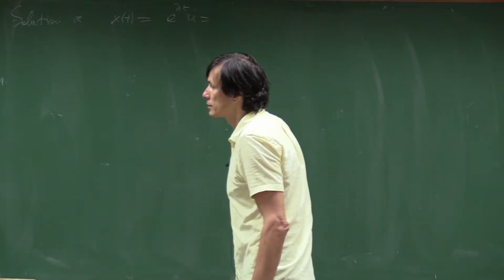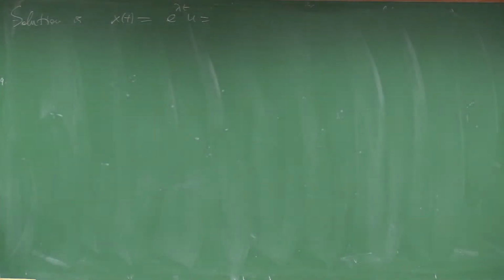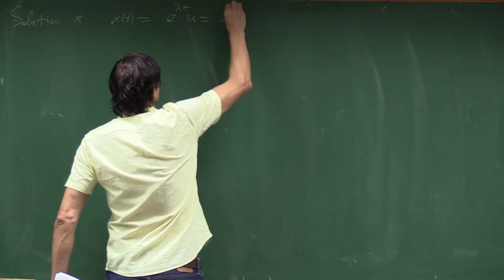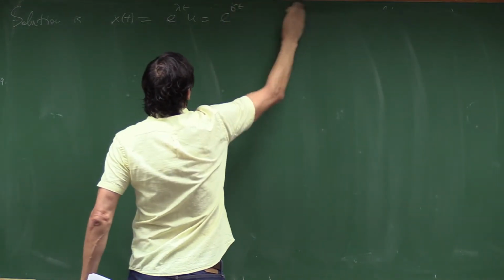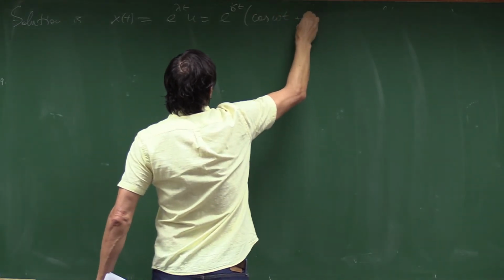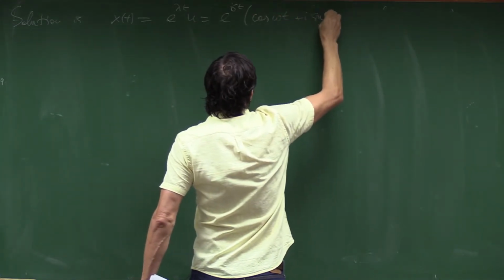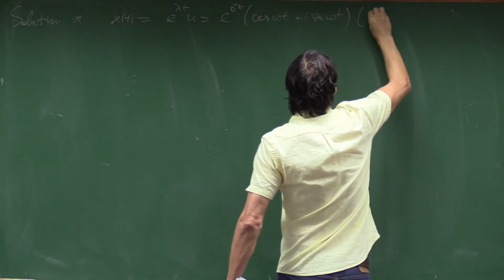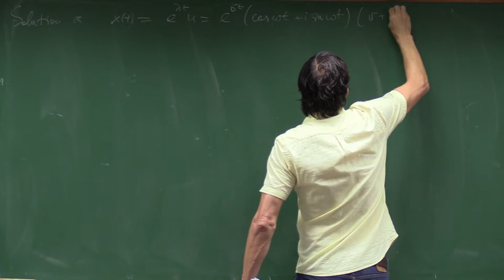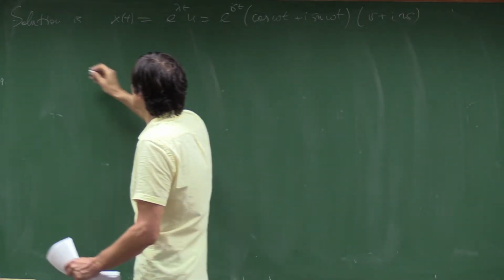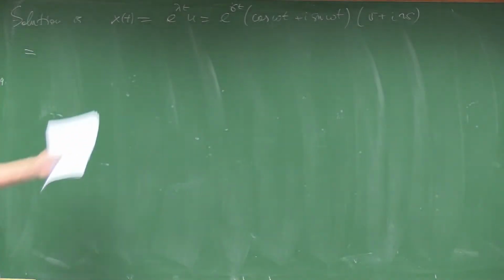We can write it as the exponent of this complex number: e to the sigma t times (cosine omega t plus i sine omega t), times u, which we write as v plus i w. Then you open this product.